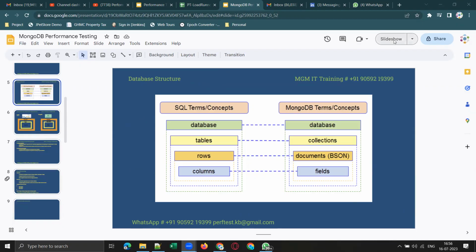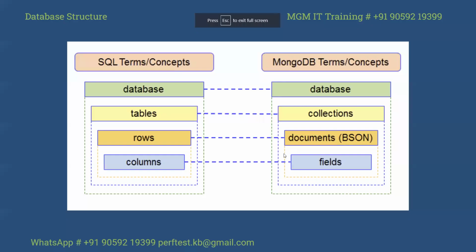To help myself easily explain, I have mapped it with the SQL concepts, right? So let me use the Spotlight. Yes. I tried to relate MongoDB concepts with SQL because most of us are familiar with relational database concepts.